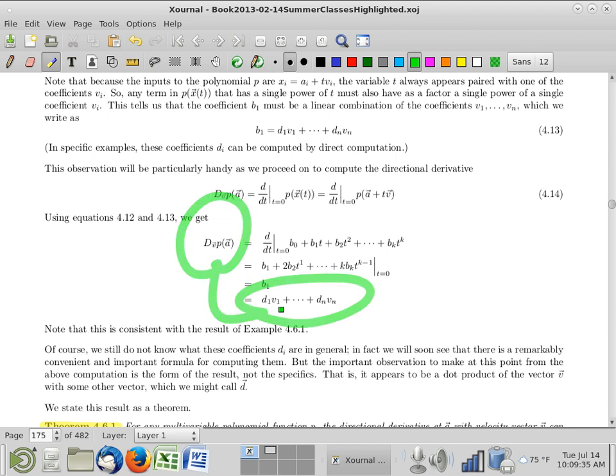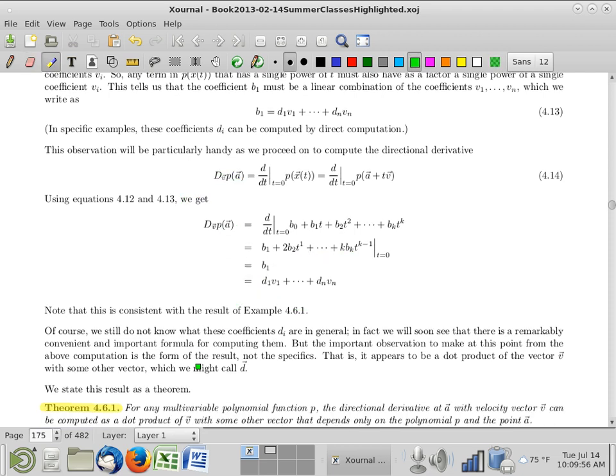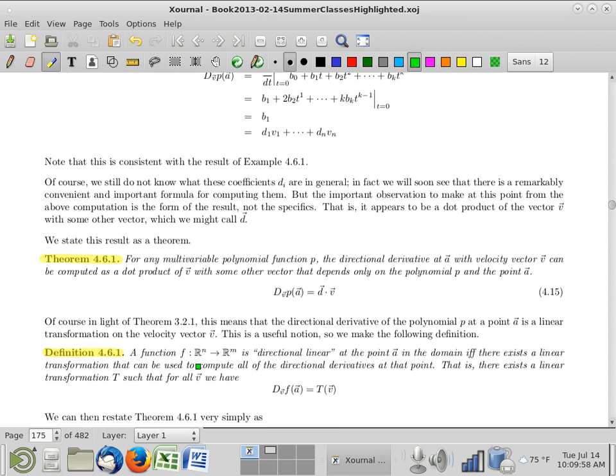In other words, it's just a linear combination of those velocity vector coordinates. Very surprising fact. So what we've actually observed here, we've stumbled across an important feature that a surprisingly large number of functions have, and this is what I like to call directional linearity.